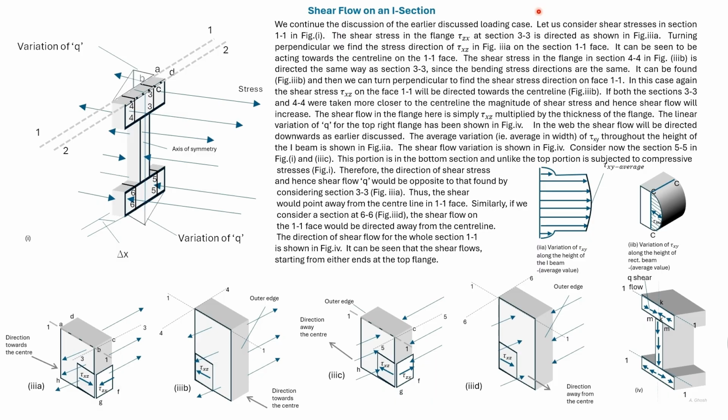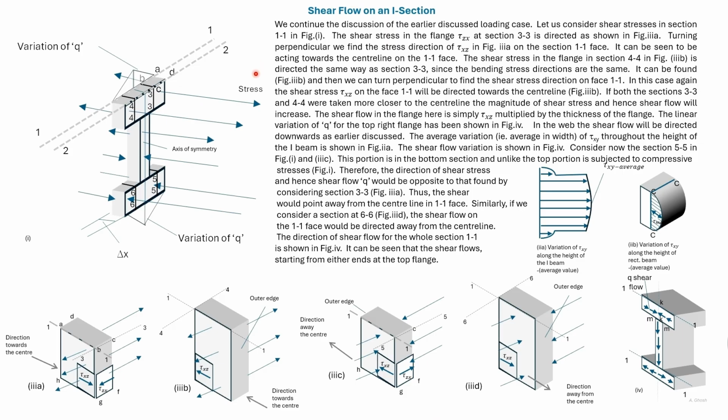In the last slide, we discussed that the shear force acting on section 1-1 will be downwards. This shear force is made up of shear flow acting on the web, which is also directed downwards.